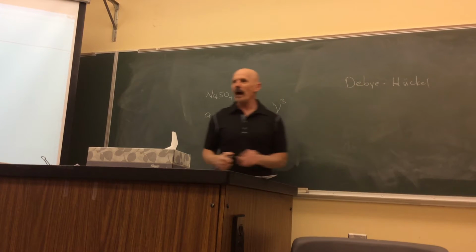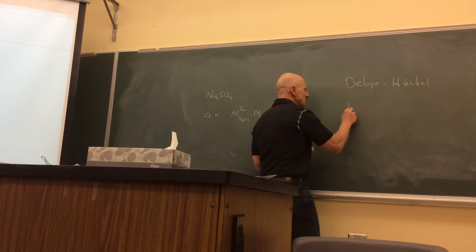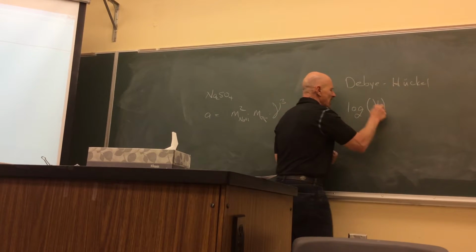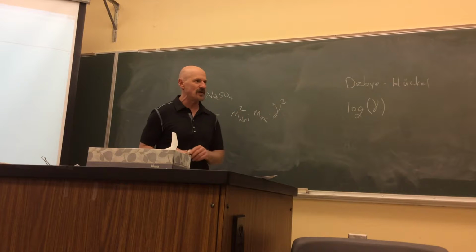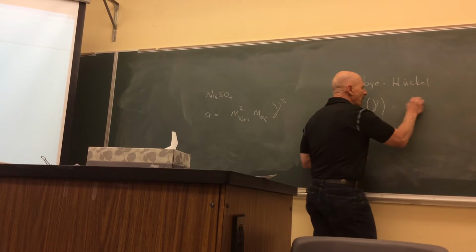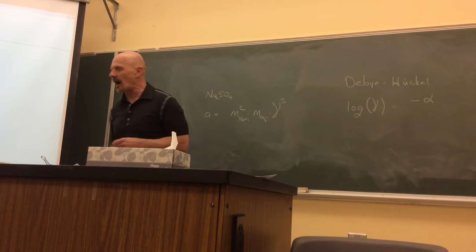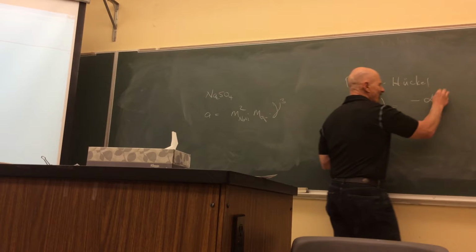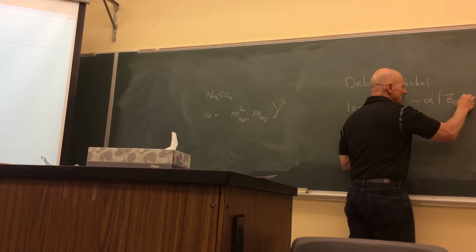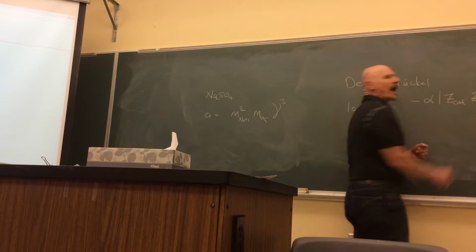There. We've got the Debye-Hückel theory, which is expressed as a logarithm. It says that the log of the activity coefficient, and that's this mean ionic activity coefficient, is equal to minus a constant, called the Debye-Hückel constant, and then you have the charge on the cation times the charge on the anion, absolute value.